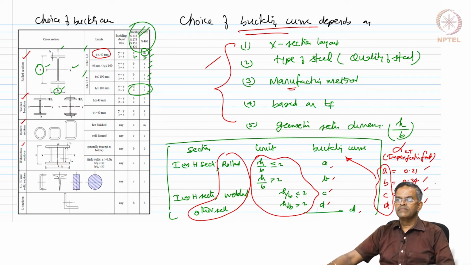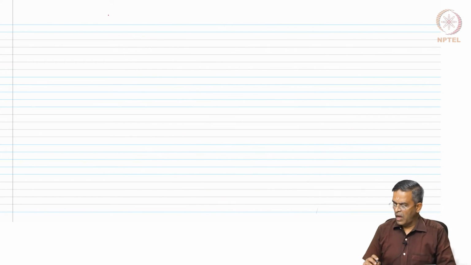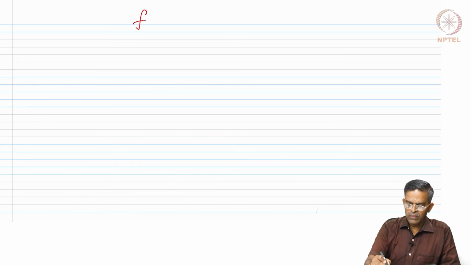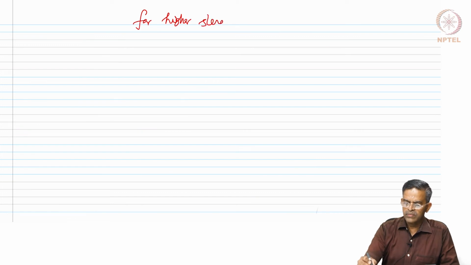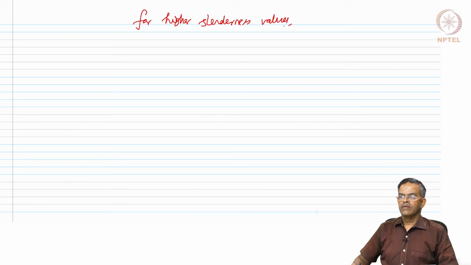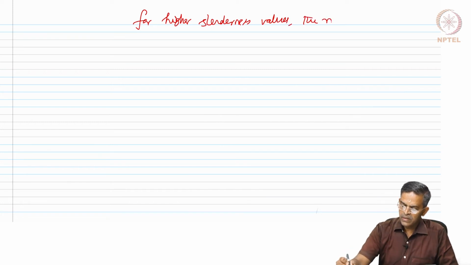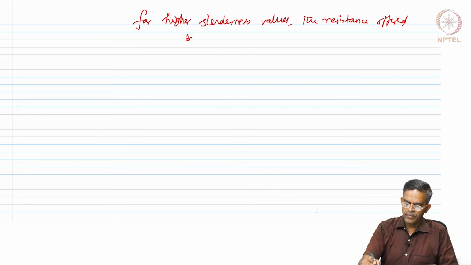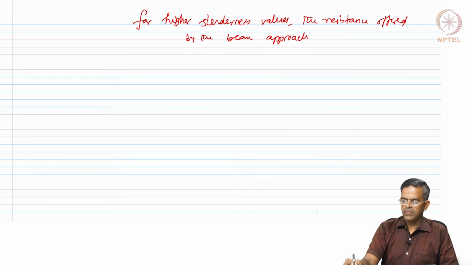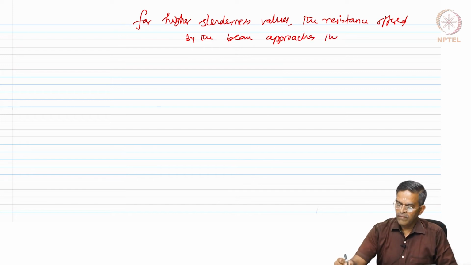Okay. So, now we can say very clearly some summary, very quick observation on this. For higher slenderness values, the resistance offered by the beam approaches the value of perfect beam.